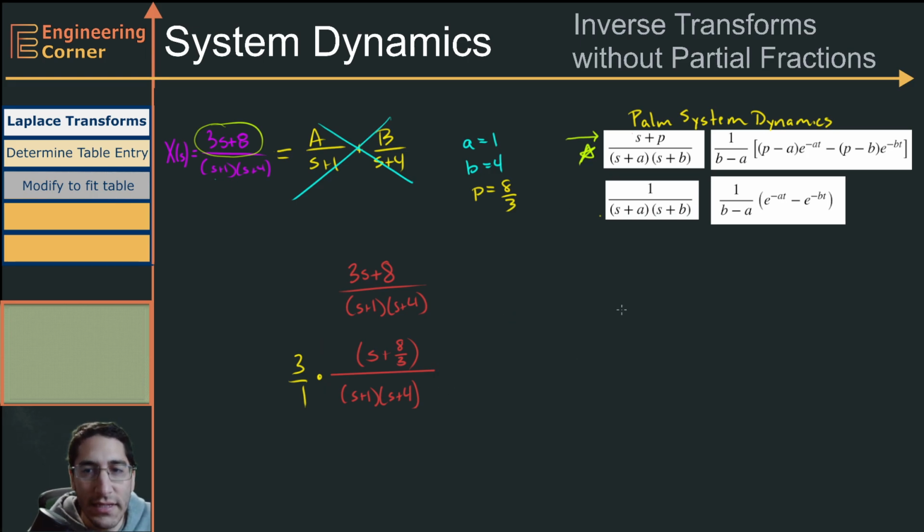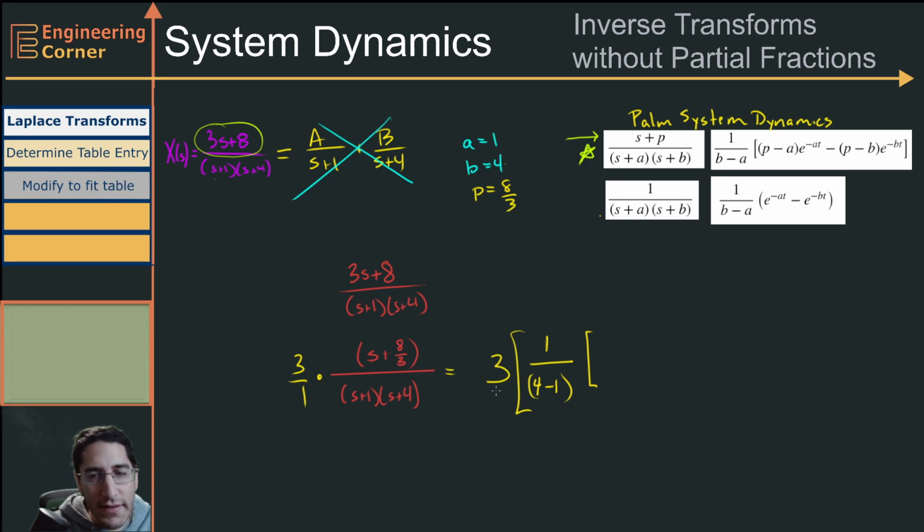Because it looks like this table entry, I can go to its solution and just start writing it. I do need to remember that I am multiplying whatever I do by 3. So I start with 1 over (b minus a). b minus a is going to be 4 minus 1, so 1 over (4 minus 1), times, okay, (p minus a).